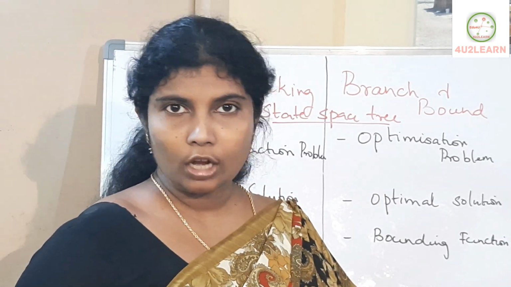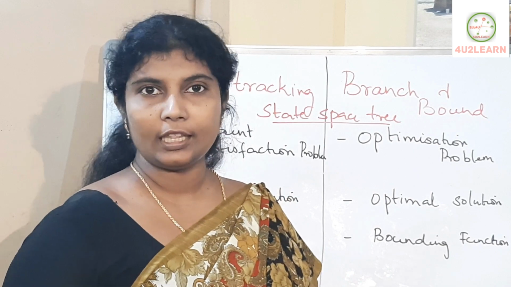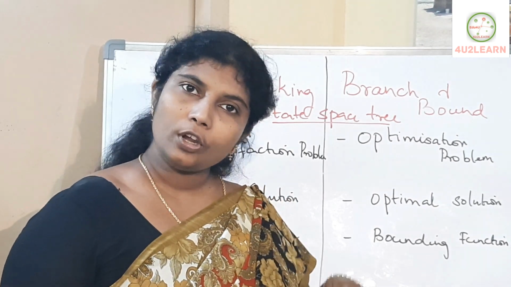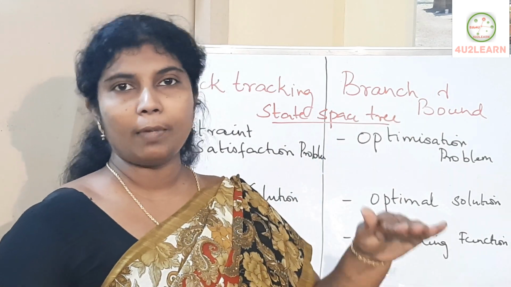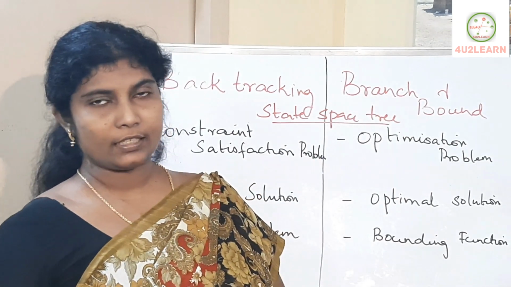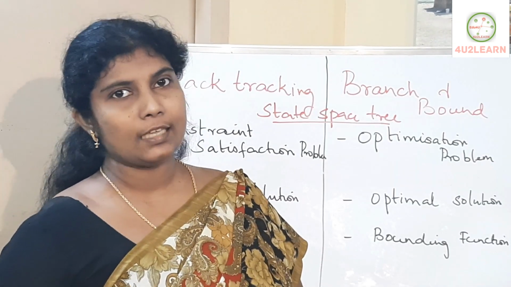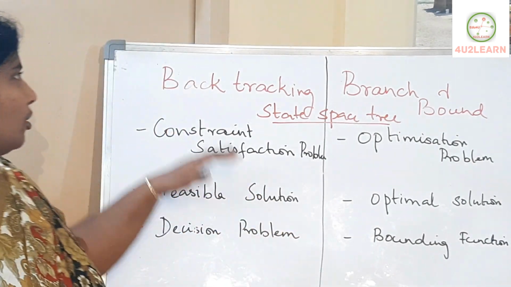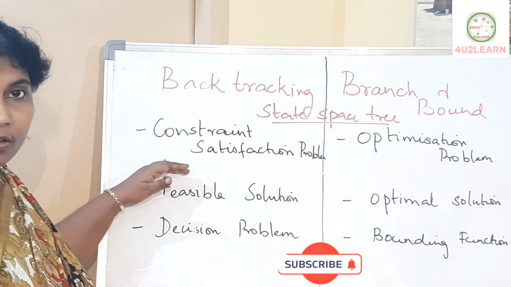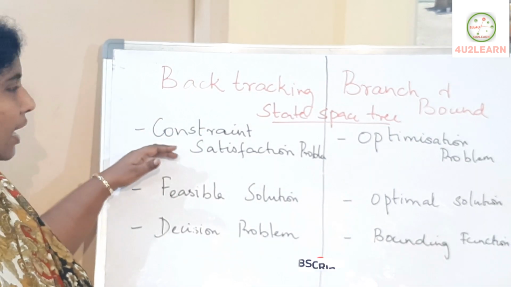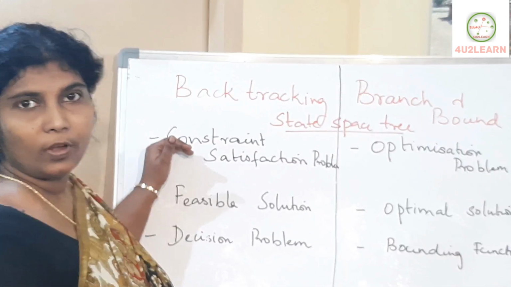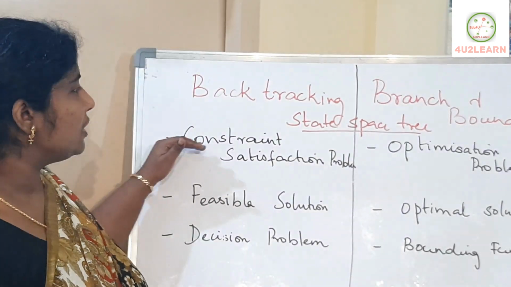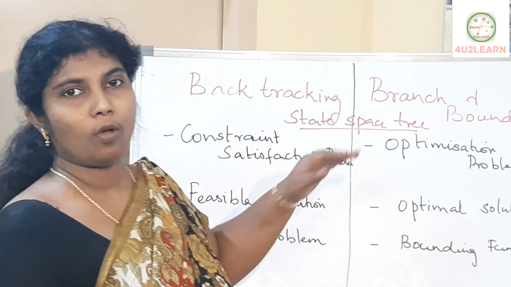If it is not going to give a solution in that route, then it gets back to the previous node and a different path is traversed in order to get the solution. There are going to be conditions, so it has to satisfy those constraints. So it is a part of the constraint satisfaction problem.